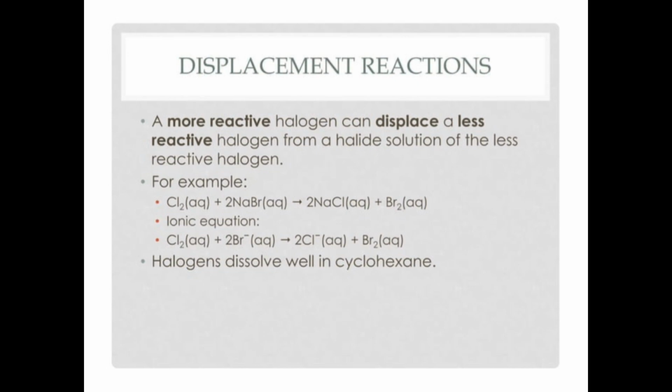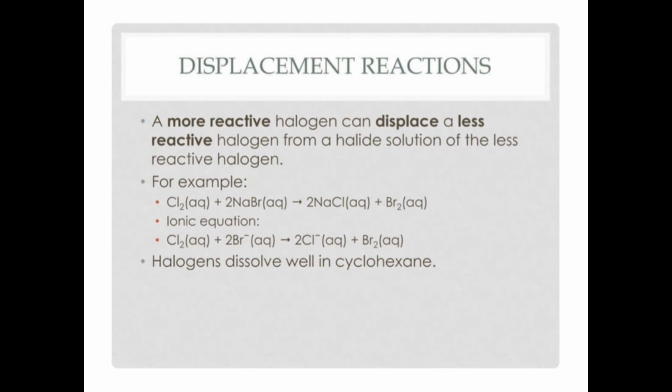A typical example: when you have chlorine reacting with sodium bromide, chlorine is more reactive than bromine, so chlorine would displace bromine from the solution of the salt, and you see that chlorine has replaced bromine in that NaBr. Okay, and this is the ionic equation of the reaction.